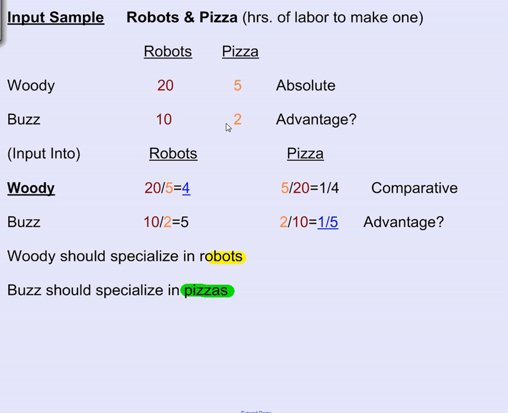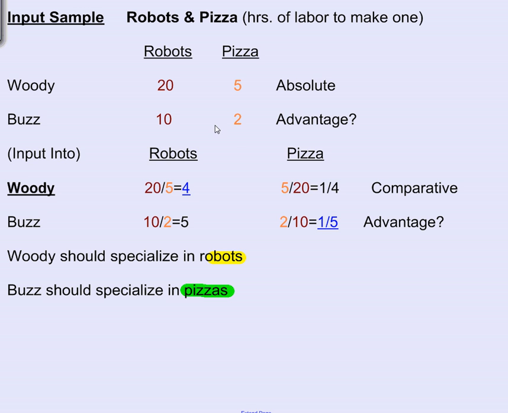Because it's an input problem, whoever takes less labor to make the robot or to make the pizza has absolute advantage. We see that Buzz only takes 10 hours to build the robot to Woody's 20. So Buzz would have absolute advantage for making the robots. Buzz also has absolute advantage for making the pizzas because he can produce the pizza with 2 hours of labor. Woody requires 5 hours of labor.